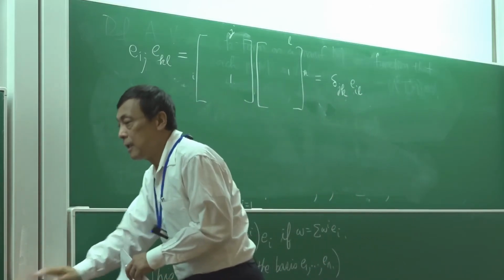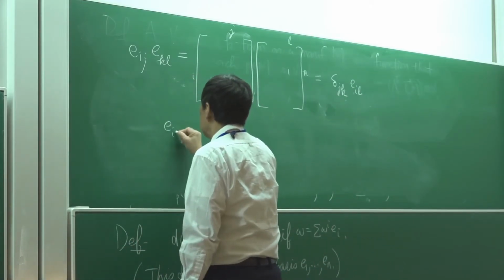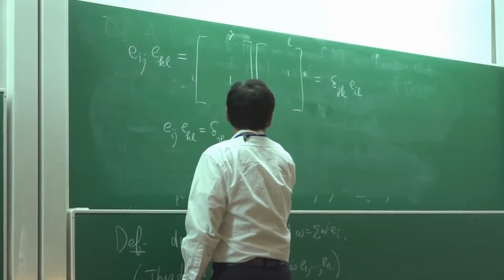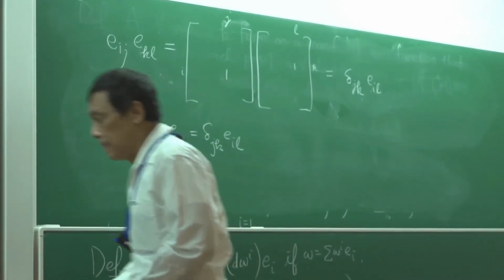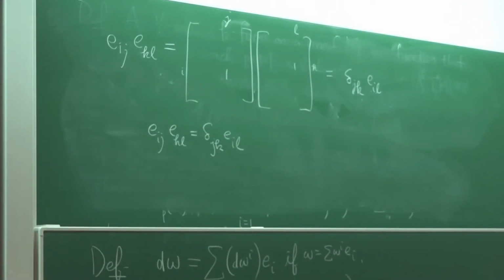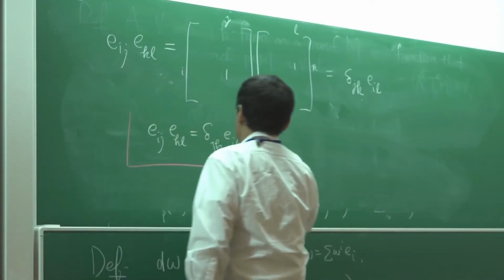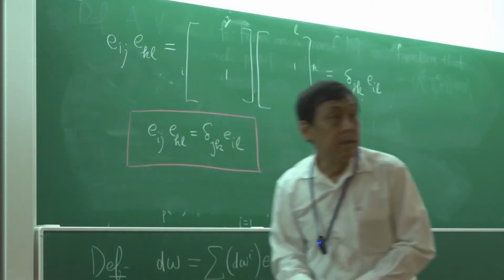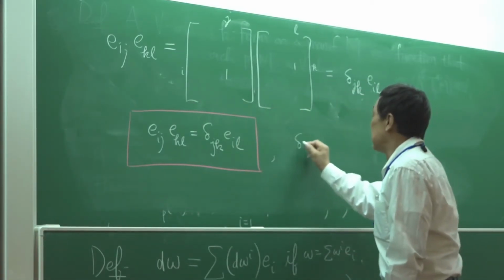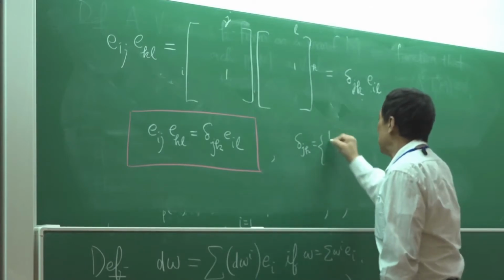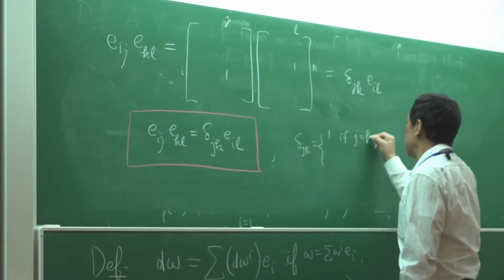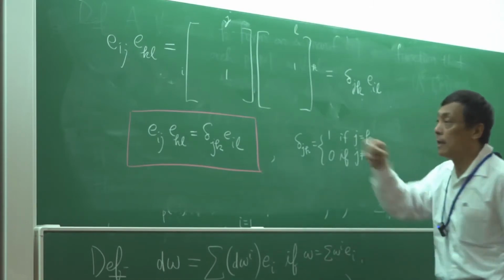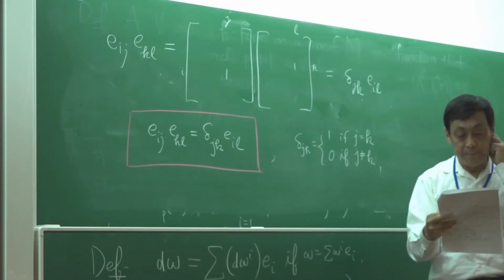I'm going to put it in a box: E_ij times E_kl is delta jk E_il. Delta jk is the Kronecker delta: 1 if j is equal to k, and 0 if j is not equal to k.